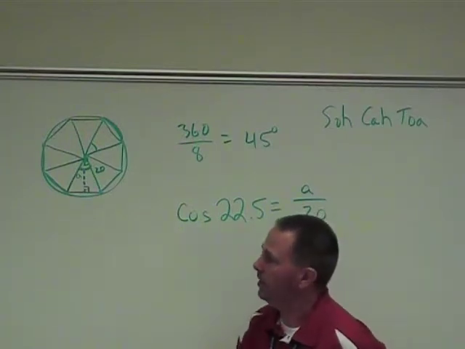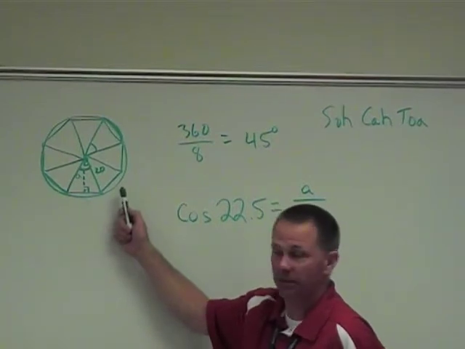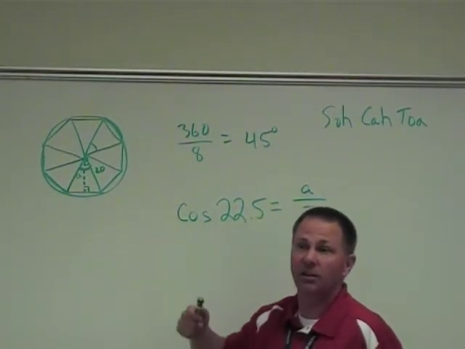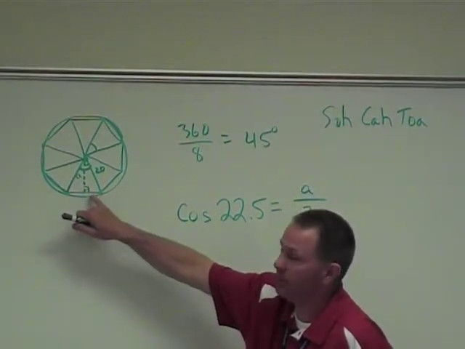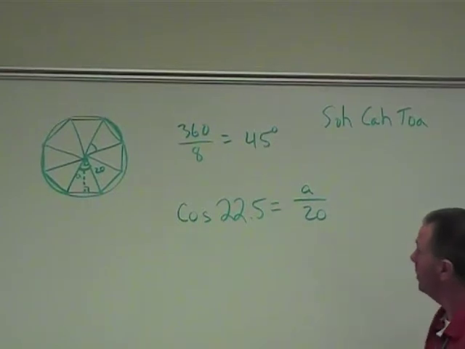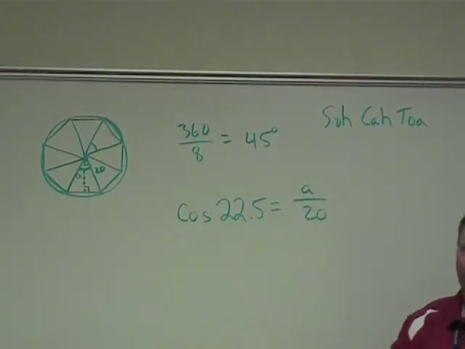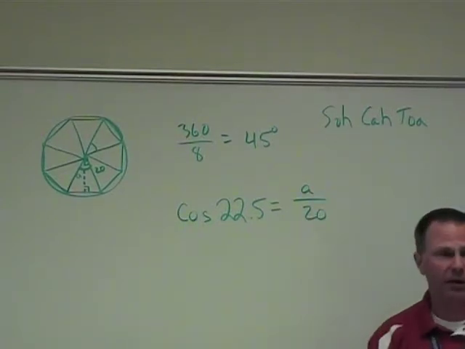Because what do we need? We need the length of this side so we can get the perimeter, and you need the apothem. So I still am going to have to find this piece at some point. These are the pieces that I need to figure out, the apothem here.